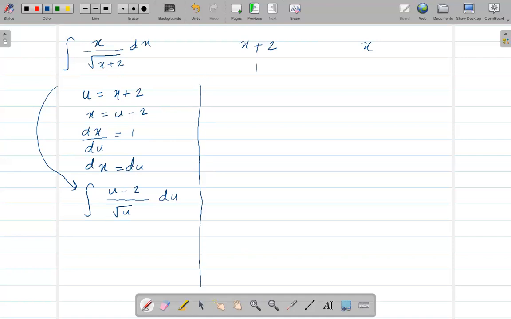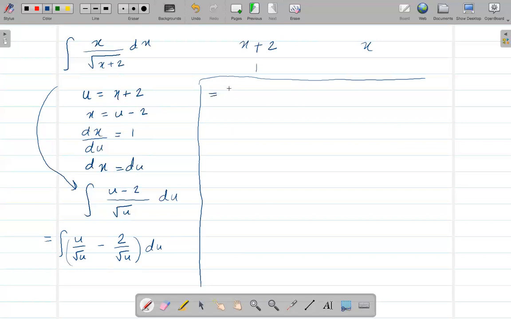Now, after this, we can split this into two parts, right? So we have u over square root of u, minus 2 over square root of u, and du.